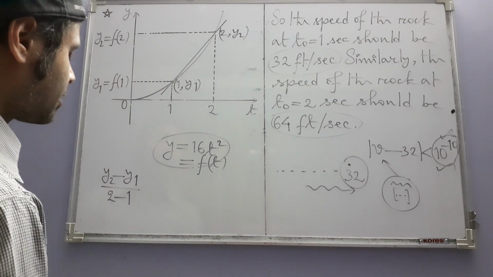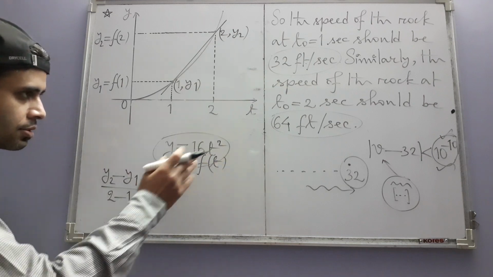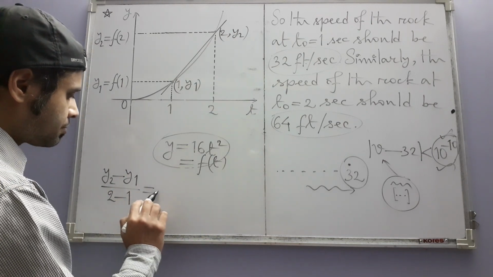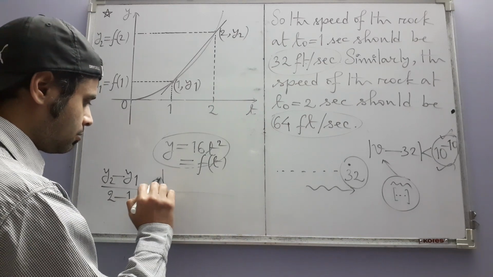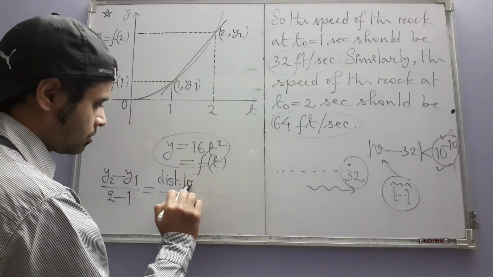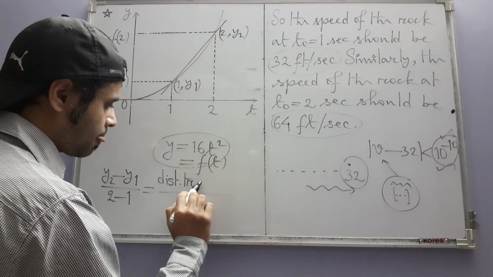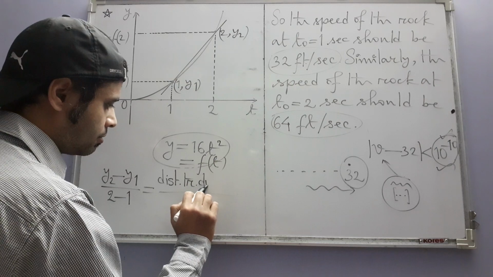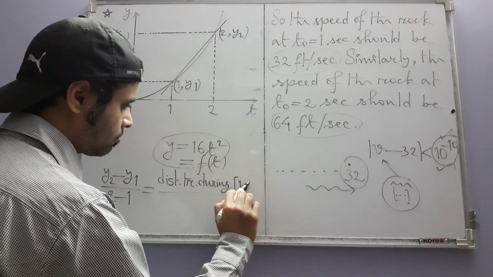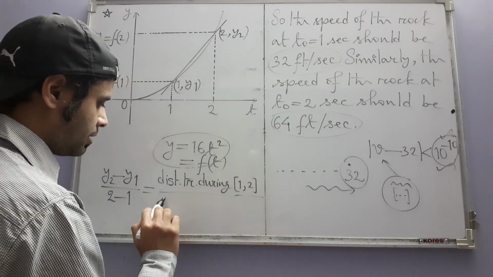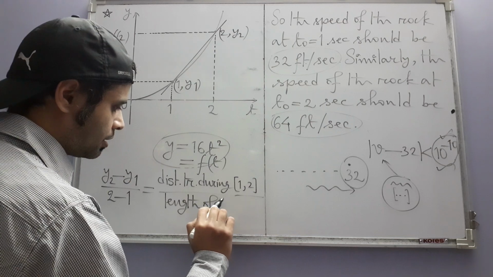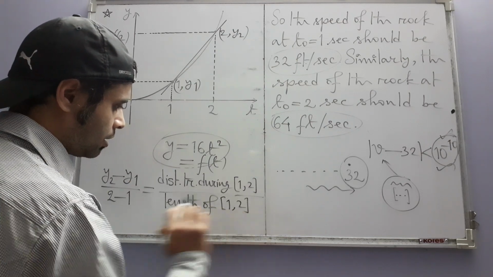Let's keep 2 minus 1 as 2 minus 1 for the moment. But actually, what is this in this context of the rock falling? This is the distance traveled during the time interval 1, 2 divided by the length of the time interval 1, 2.